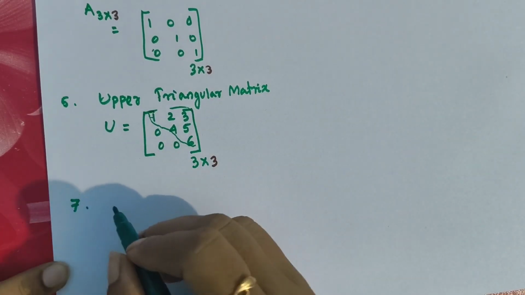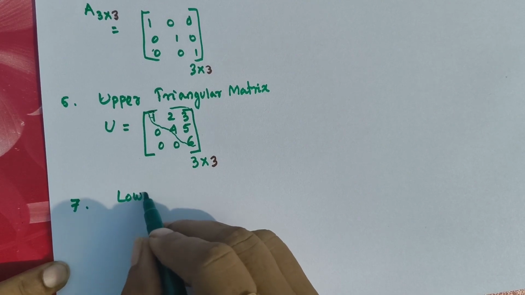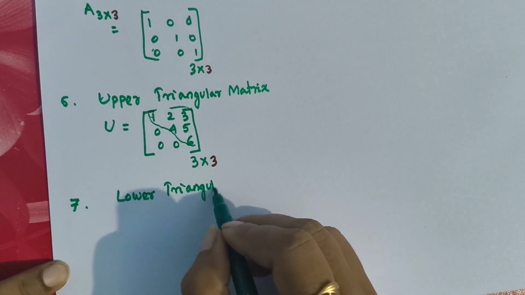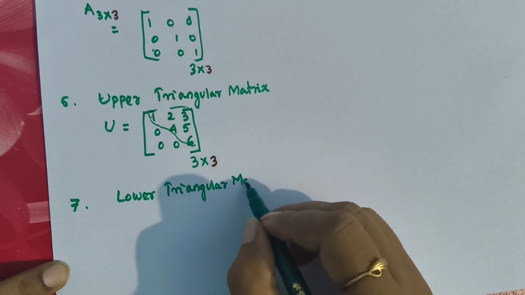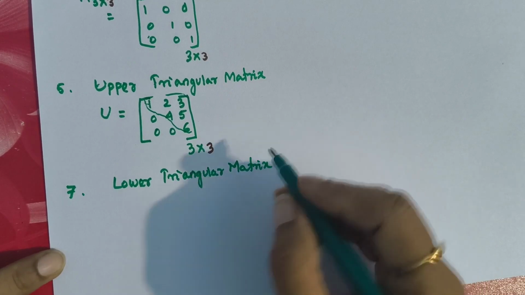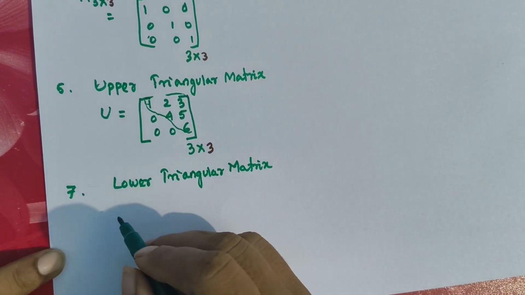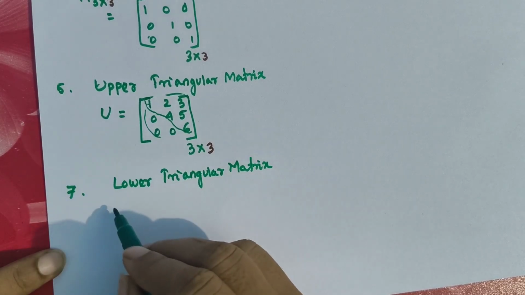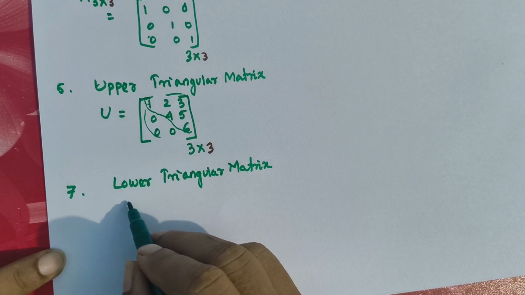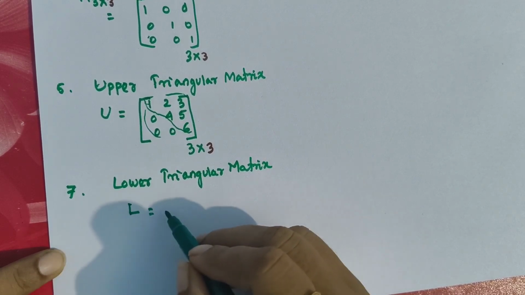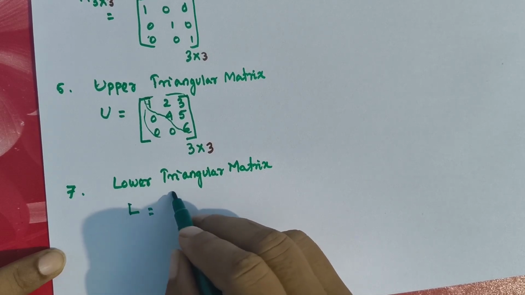Similarly, the opposite is the lower triangular matrix. In a lower triangular matrix, you will see that the elements below the diagonal are non-zero and the rest of the values will be 0. Let's suppose L is a lower triangular matrix.